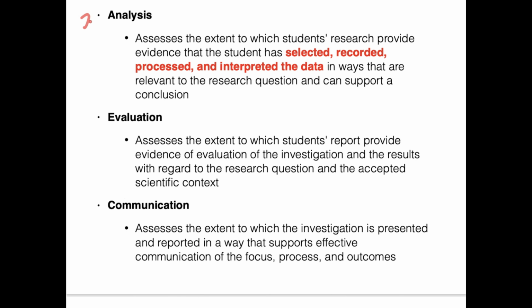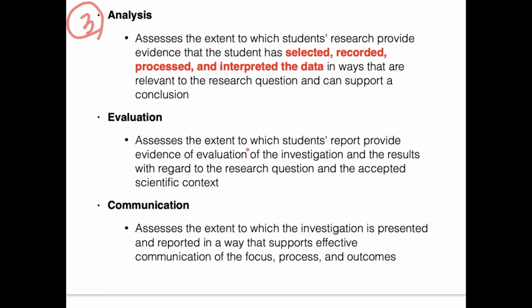Okay, so the third criteria is analysis. It assesses the extent to which the student's report provides evidence that the student has selected, recorded, processed, and interpreted the data in ways that are relevant to the research question and can support a conclusion.